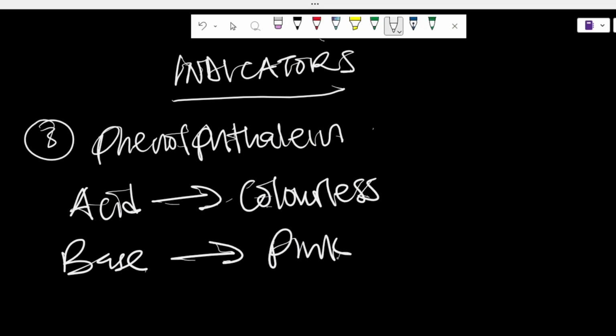So if you mix an acid with phenolphthalein, you're going to see that it turns colorless, or if it is a base, it's going to turn this indicator pink. So make sure that you understand this.